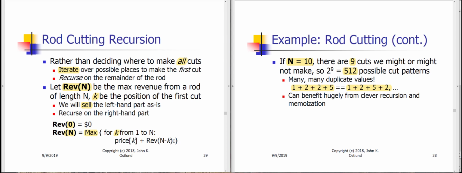So exactly the same structure, but this time we're computing the maximum revenue over a loop on possible positions for the first cut.